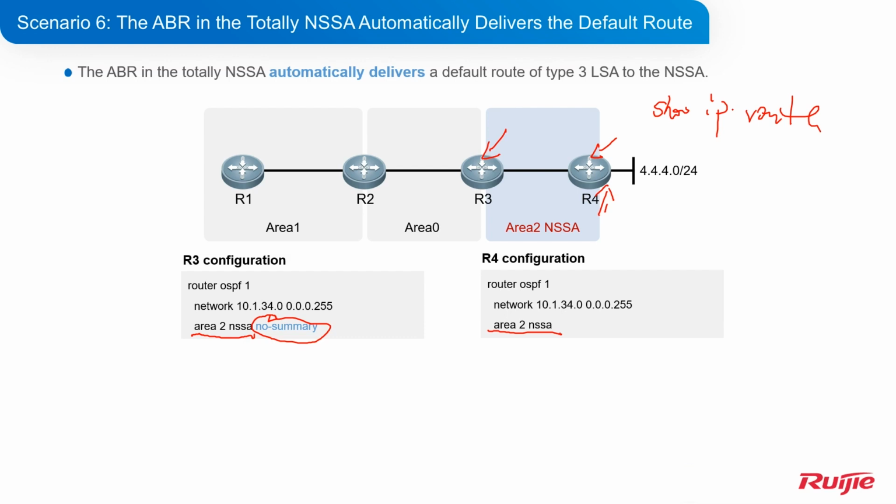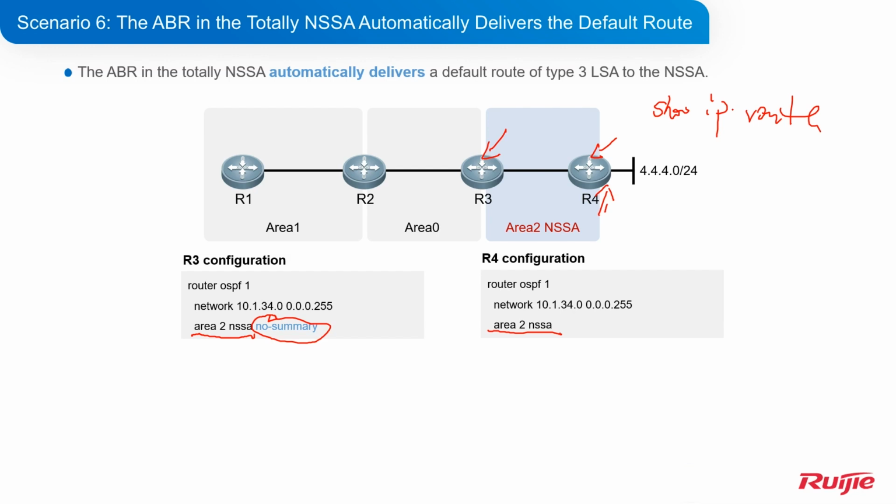But if we don't use always, we have to make sure that when we use show ip route on the device, we can see the default route information in our routing table, and then we can deliver the default route successfully.